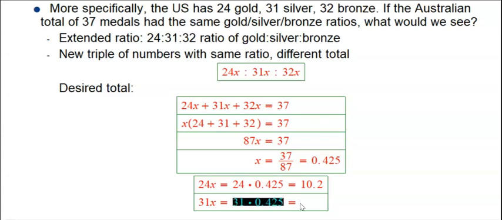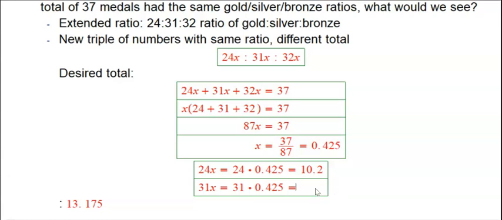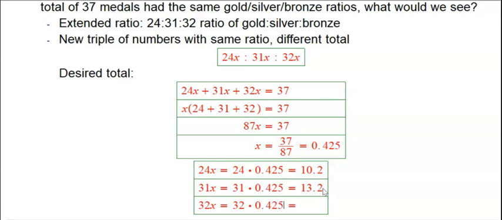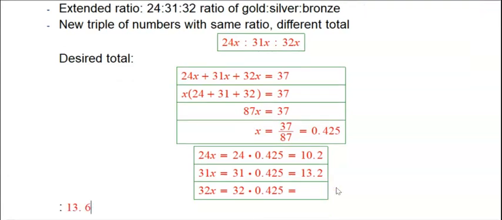And I need a calculator for that. About 13, I'll say 13.2. I'll round it again a little bit. So we'd expect a little over 13, and then 32x. And that should be a little bigger, about 13.6, about 13 and a half. That's bronze medals.